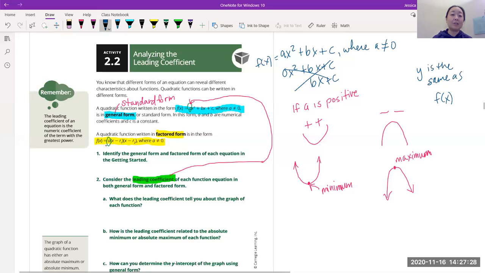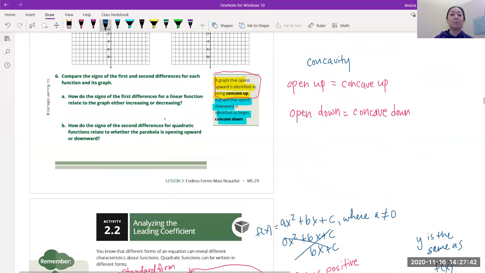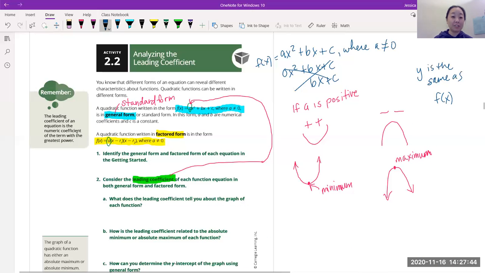And this A, notice that they're using A here as well, and this A is actually the same value as this A, okay? So if you know what it is in standard form, in factored form, it'll have that same value here, okay? Oh, one more thing, leading coefficient. In standard form right here, the A is identified as a leading coefficient, and that leading coefficient tells us whether it's open up or open down, okay?